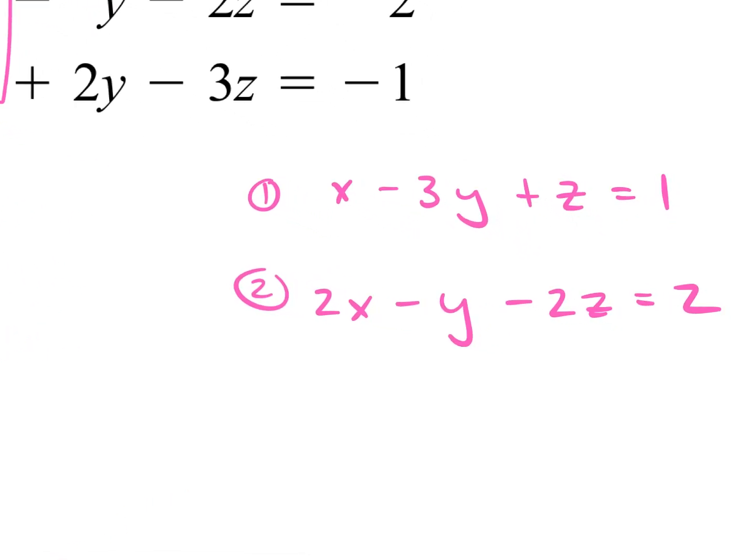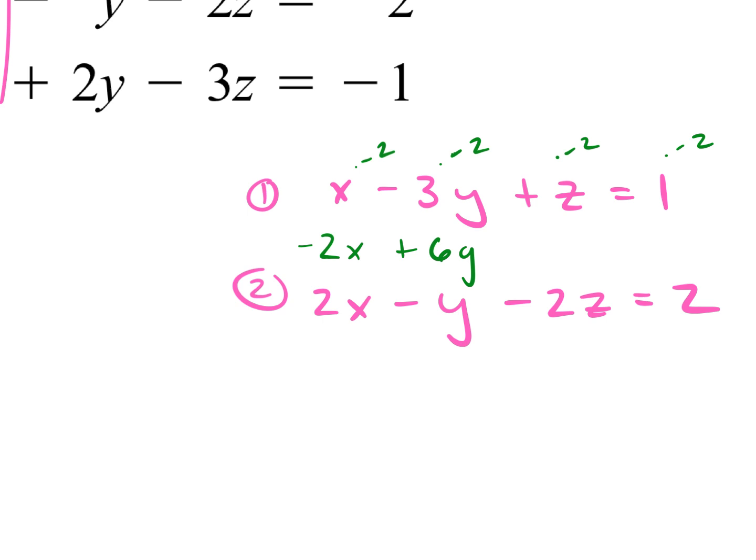Do the x's cancel here? No. What do we have to multiply to get them to cancel? -2. So I'm going to multiply everything by -2. So -2x plus 6y minus 2z is equal to -2.